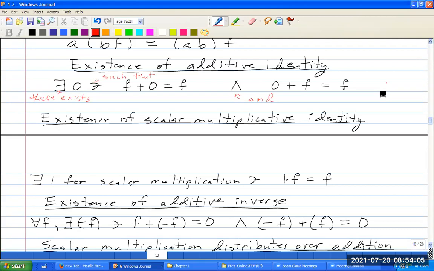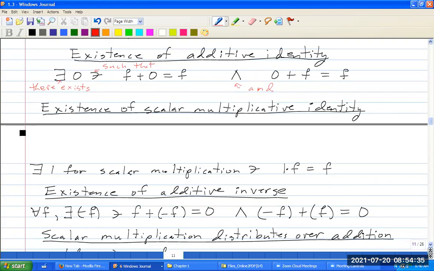So there exists the zero function such that f plus the additive identity is equal to the original function f. And we have that the zero function plus f is just equal to f.